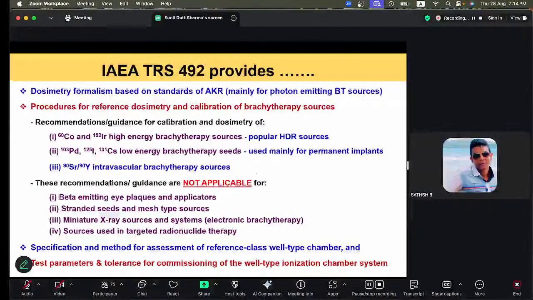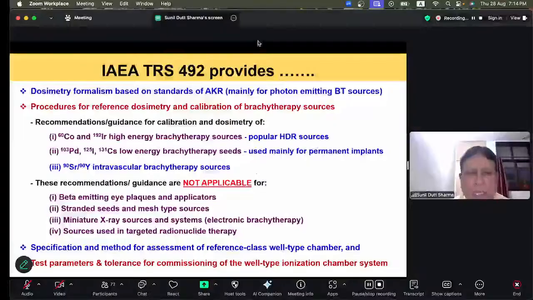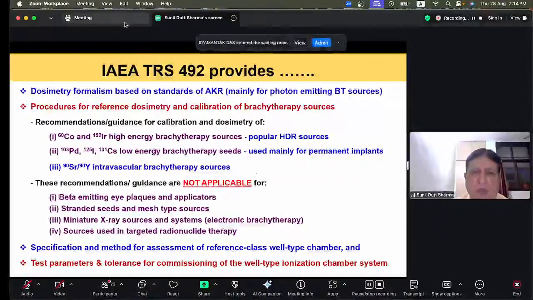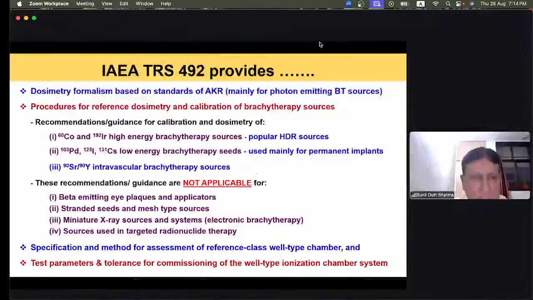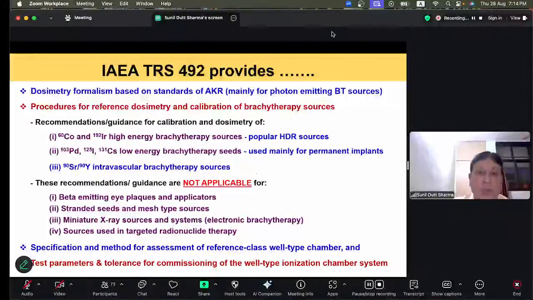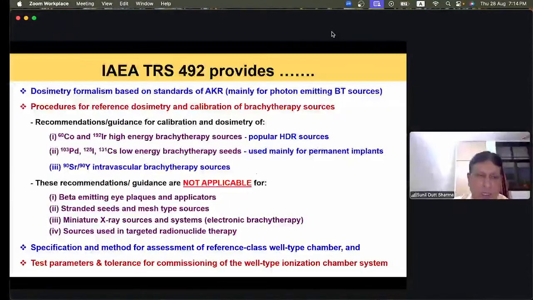Sources used in targeted radionuclide therapy like iodine-131 for thyroid cancer and similarly lutetium-177 for other applications for therapeutic purposes. So these are the areas where these recommendations are not applicable. What I mean to say, these are the areas which are out of scope of the recommendations of IAEA TRS 492.